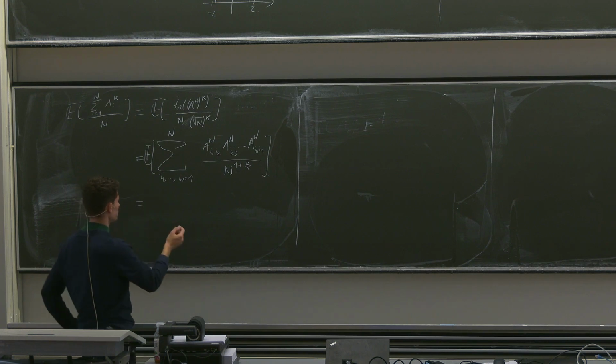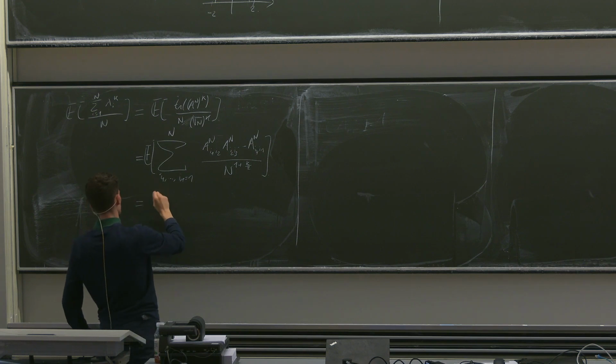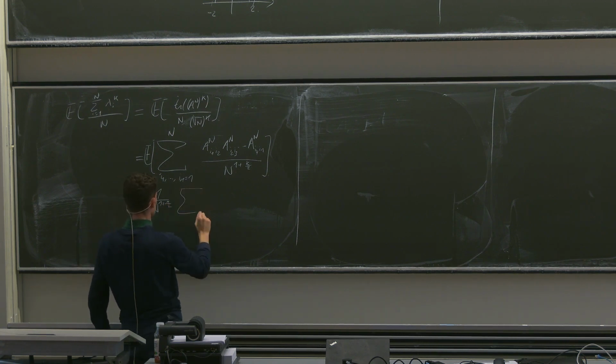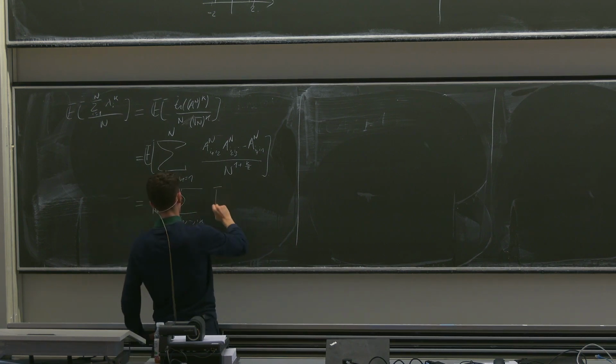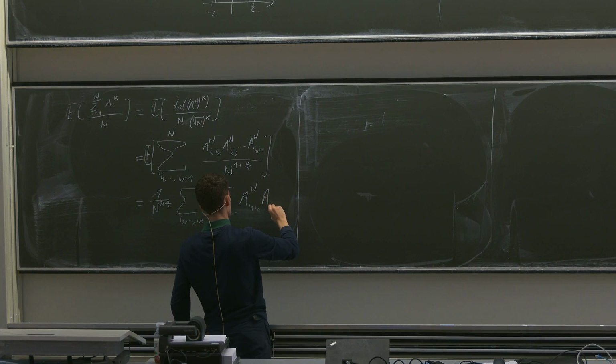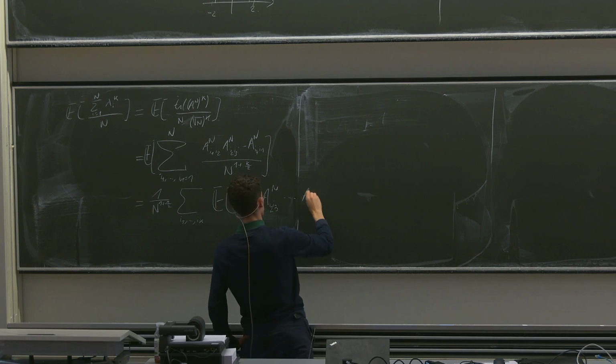So now I can move the sum out of the expectation. I can also move this factor n to the power 1 plus k over 2. So I have n to the power 1 plus k divided by 2 times this big sum over I1 to Ik of the expectation of this big product: A_{I1 I2}, then A_{I2 I3}, all the way through A_{Ik I1}.